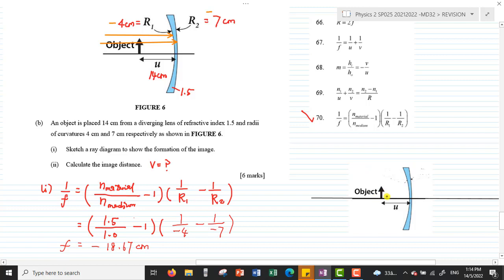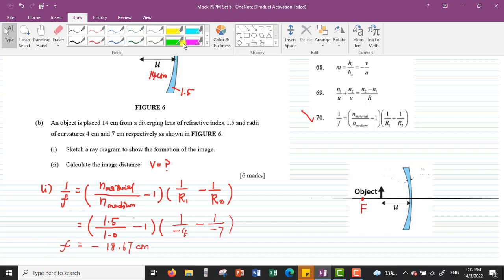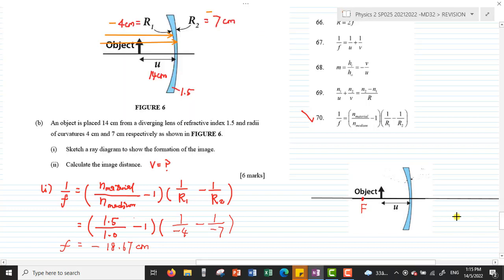Okay, so I have the focal length, then I can put the focal point on my ray diagram. My object is 14 cm from the lens and my focal length is 18.67 cm, so the focal point will be behind the object. Let's say my focal point is here. Then I can start to sketch my ray diagram. The first ray starts from the object parallel to the principal axis.